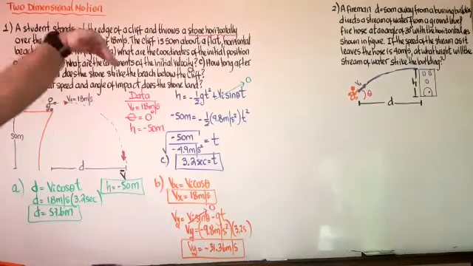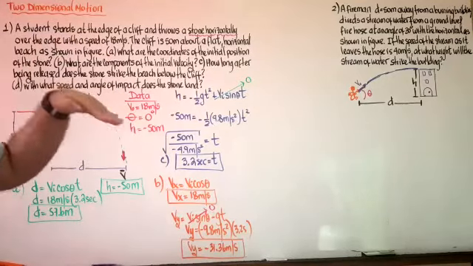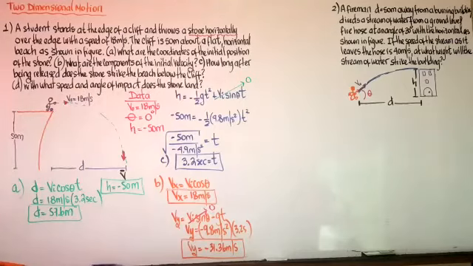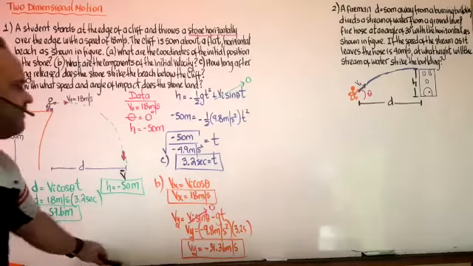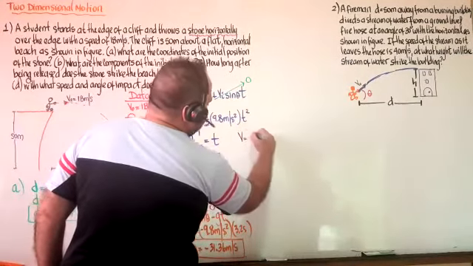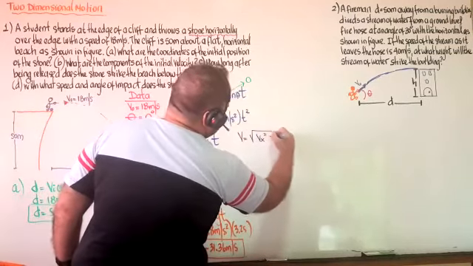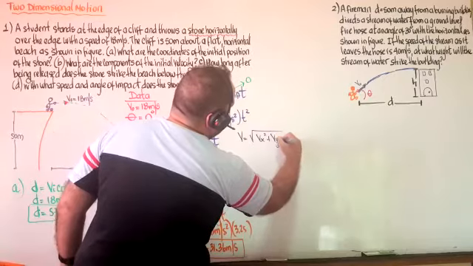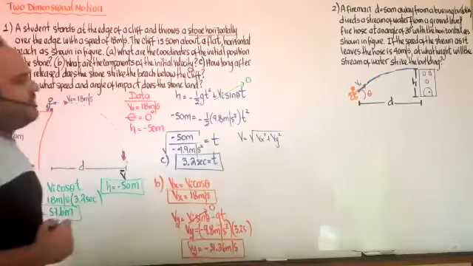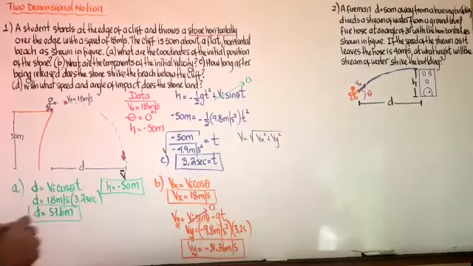It is going to be a slant velocity because there is some kind of inclination. In simple words, what do we have to do? Simple. To find the magnitude of the velocity, check your formulas: the velocity will be equal to the square root of velocity x squared plus velocity y squared. This is how we calculate the magnitude of the velocity.